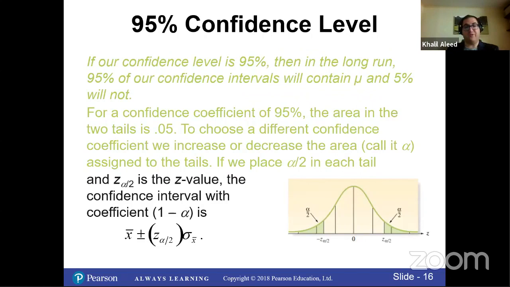So if we merge what we're discussing here with what we learned in the first part of today's session, I will have this standard normal distribution shape, this line. Then I put the middle line, which is 0.